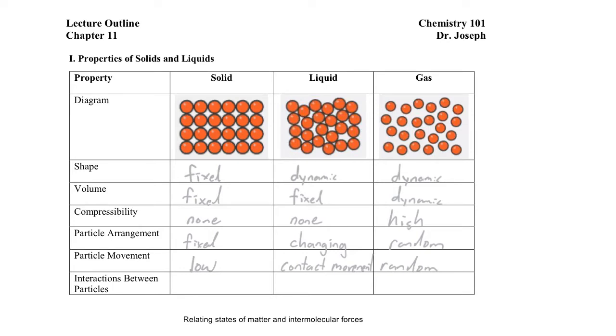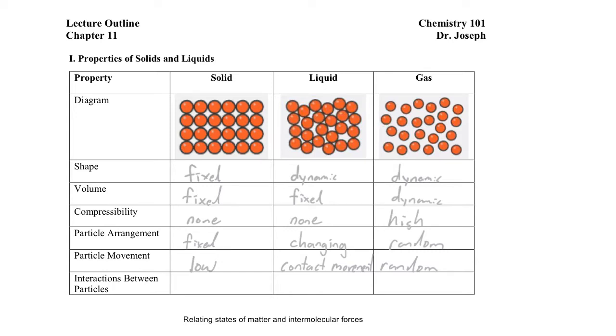Now, in a gas, on the other hand, we have a completely dynamic shape and a dynamic volume. And we relate this back to the fact that the particles in a gas have a very random arrangement. There's no order to that arrangement. It's completely random. And the movement of those particles is also completely random. Furthermore, there's a lot of space in between all of the particles.